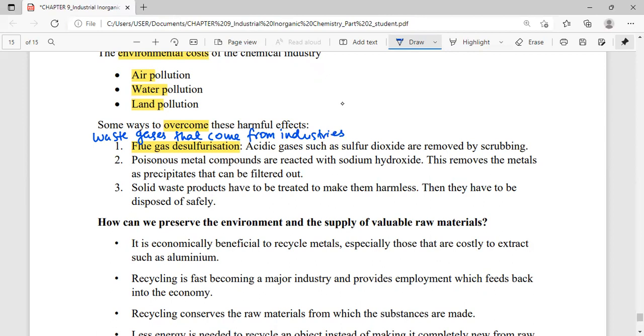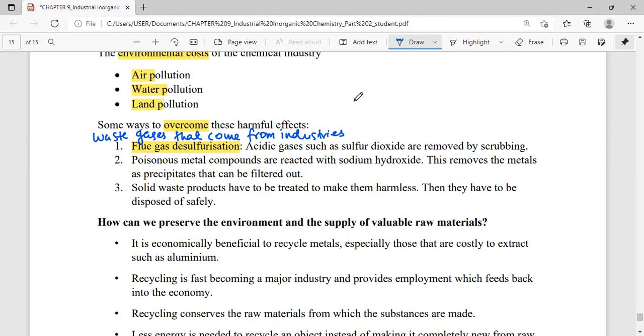If this flue gas is allowed to get into the atmosphere, it can cause health problems for people, and if it is sulfur dioxide gas, it can cause acid rain.